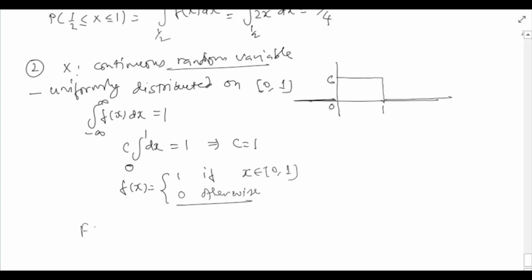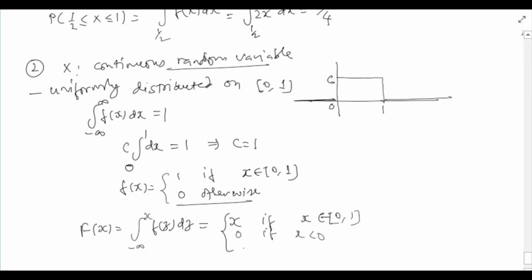In this case, we can obtain the CDF of X from the PDF as follows: F(x) will be the integral from minus infinity to x of f(z) dz, so it will simply be x if x is in 0, 1, it will be 0 if small x is less than 0, and 1 if small x is greater than or equal to 1.